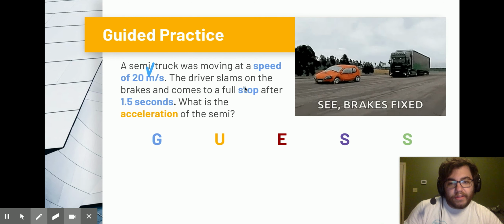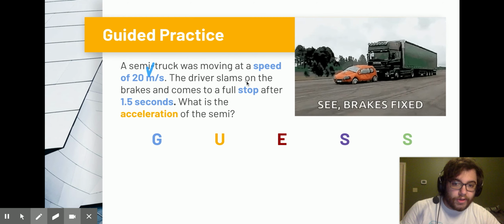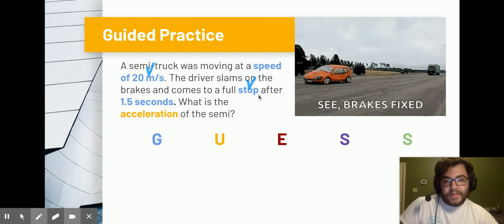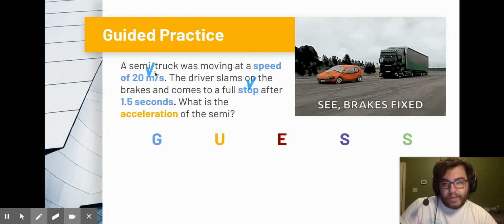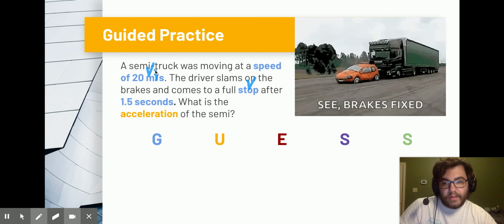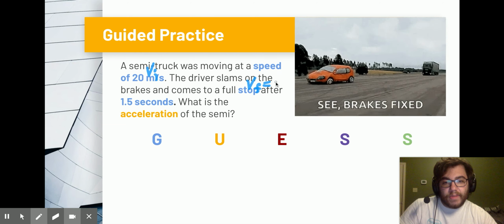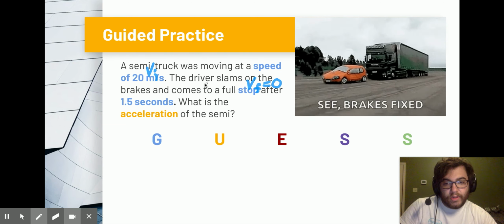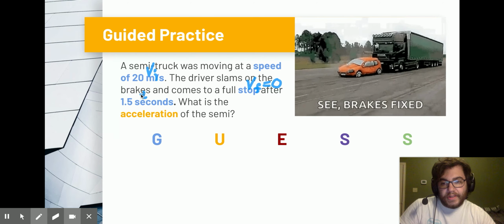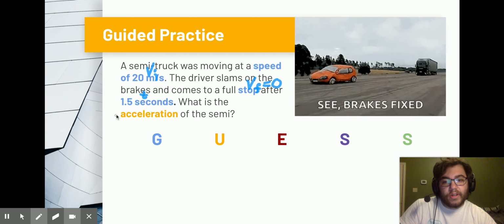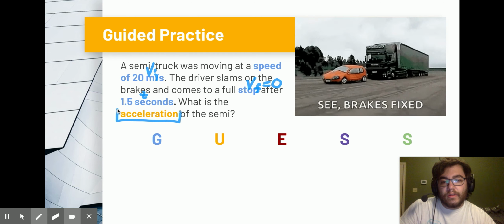Slams on the brake, comes to a full stop. We know that's also velocity. Because it's coming to a stop, it was initially moving at this speed, and then later moved at this speed equal to 0. And this one right here is time. And as you remember, acceleration is my unknown.